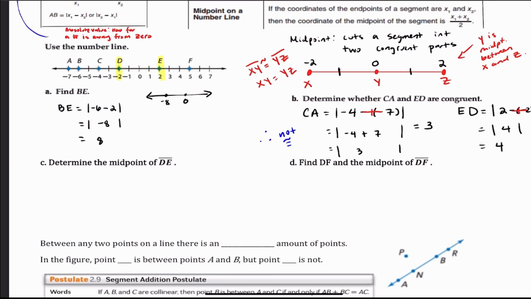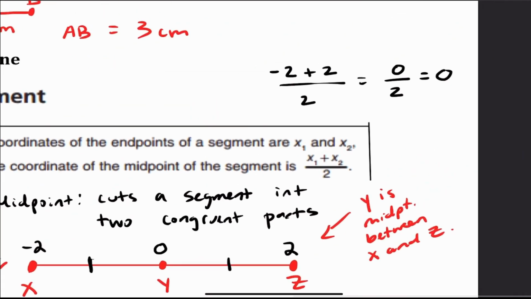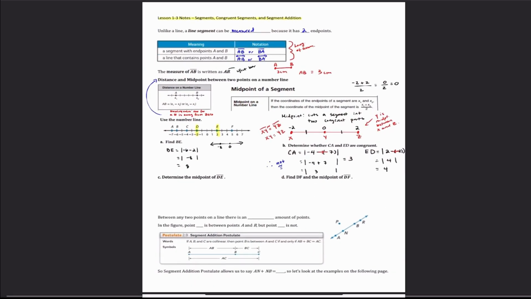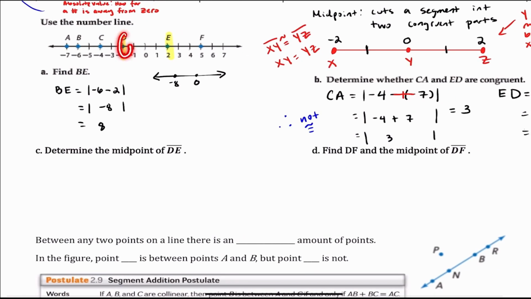All right, C, determine the midpoint of segment DE. What I'm really happy about this problem is that I don't need to erase anything right now. I've got to find the midpoint of segment DE, and this is what I'm going to be using: x sub 1 plus x sub 2 all over 2, right? So this is my endpoint, and this is my endpoint. We're just basically looking at this picture here.